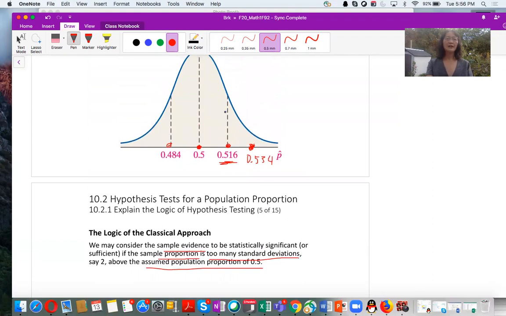Going back to this diagram, if this point is far away from 0.5, we say it is statistically significant. If it is not far away from 0.5, we say it is not statistically significant. But how do you measure how far is far away? We need to do the calculation.